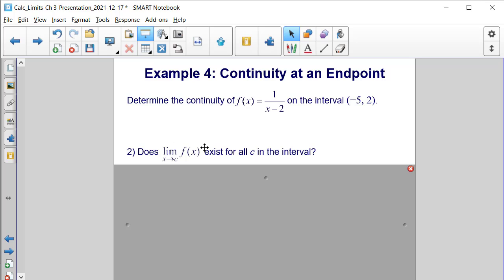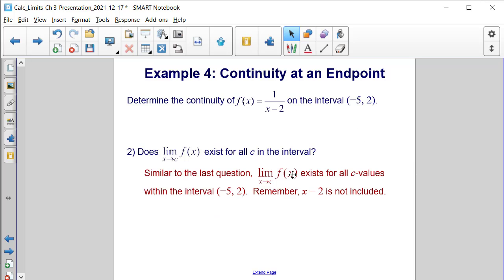Does the limit of f of x as x approaches c exist for all c values in the given interval? Well, we have our function f of x being 1 divided by the quantity x minus 2, and +2 is not being included in this interval. So similar to the last question, this limit does exist for all c values within the given interval from -5 to 2.